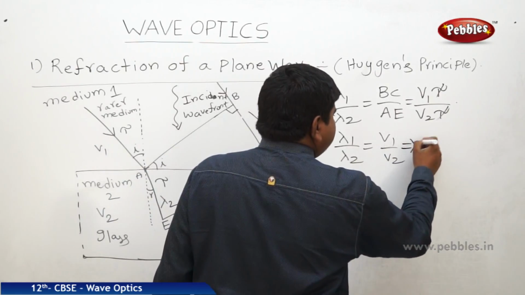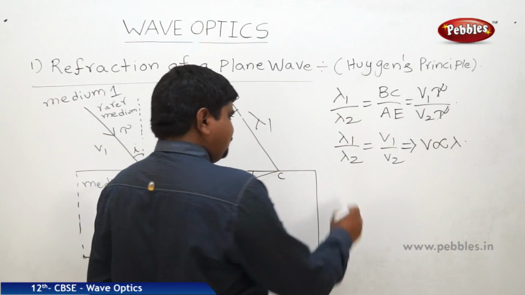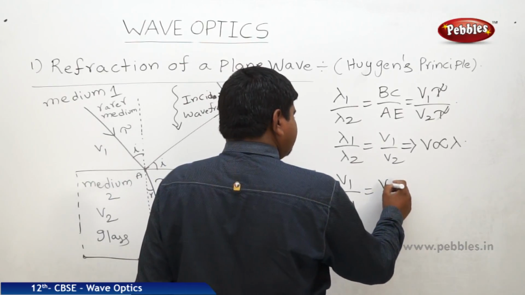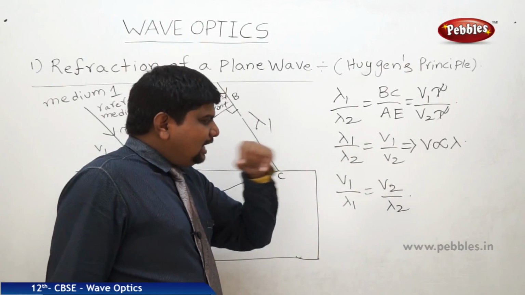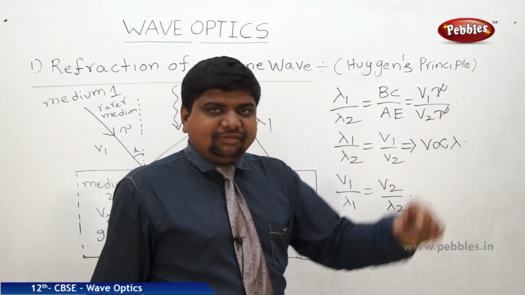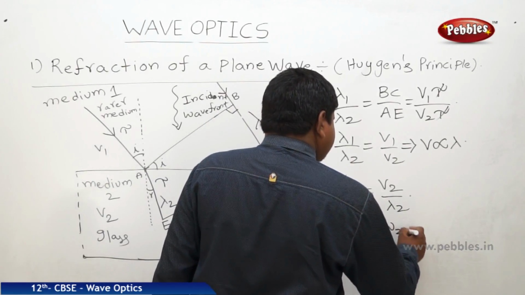From this we can write v is proportional to lambda. And one more thing, v1 by lambda 1 is equal to v2 by lambda 2. This v1 by lambda 1 or v2 by lambda 2, if you remove the proportionality constant, you will get frequency. Therefore, nu1 is equal to nu2.